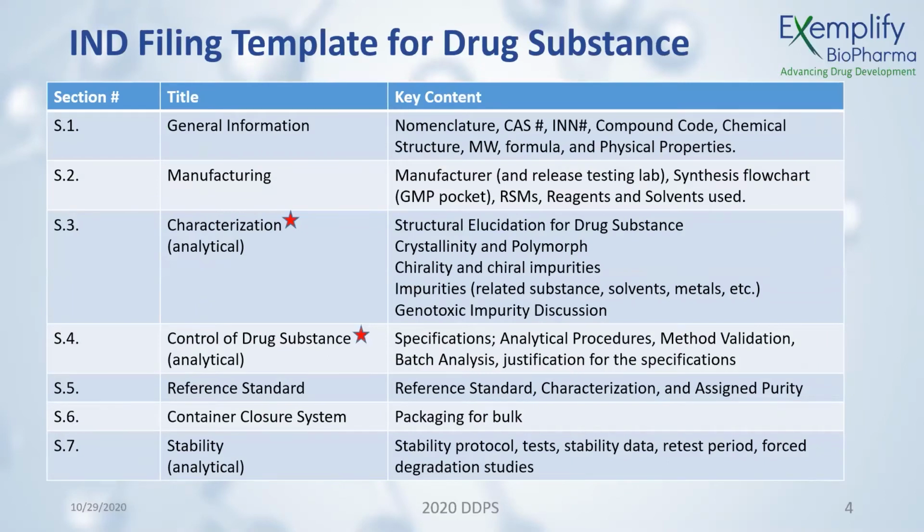I would like to break down the IND filing template for the drug substance sections. By breaking it down into the individual sections and their key content, I can explain what the regulatory expectations are, what the quality control focus is, and what would be proper items or requests in your RFP.